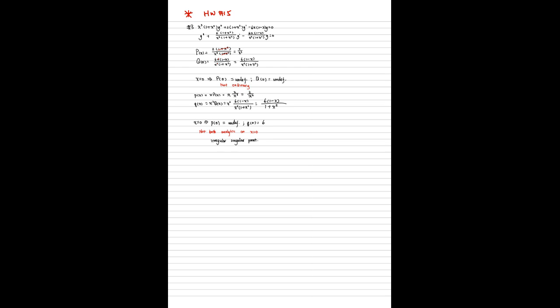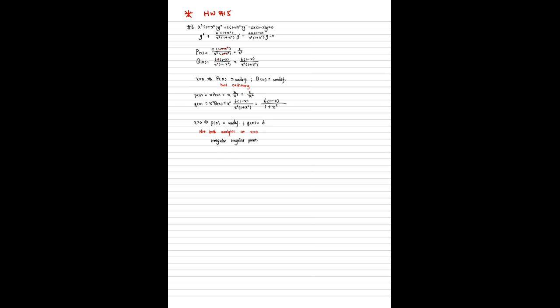I got x cubed times (1 plus x squared) y double prime plus 2 times (1 plus x squared) y prime minus 6x times (1 minus x) y equals 0. We divide by x cubed times (1 plus x squared), so capital P of x equals 2 times (1 plus x squared) over x cubed times (1 plus x squared). I can cancel it out, which equals 2 over x cubed.